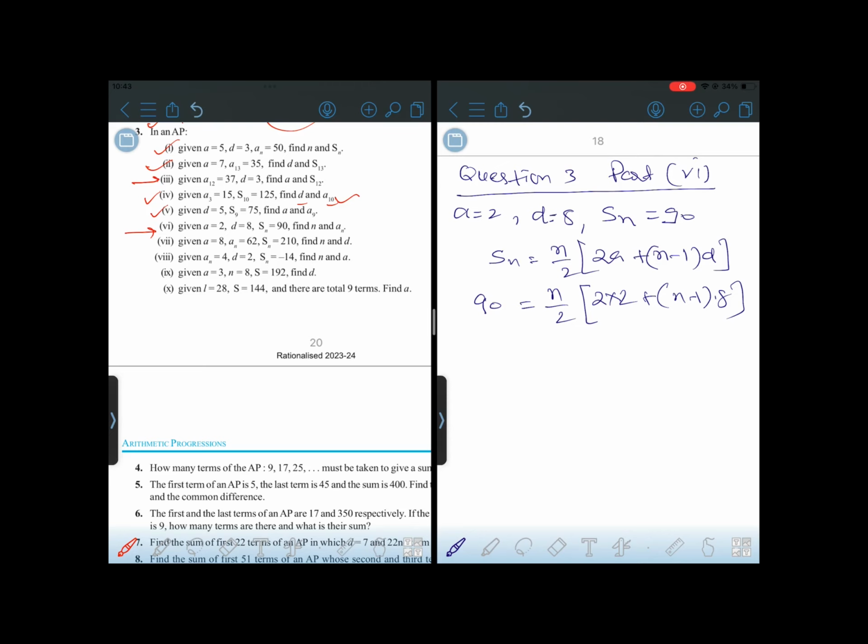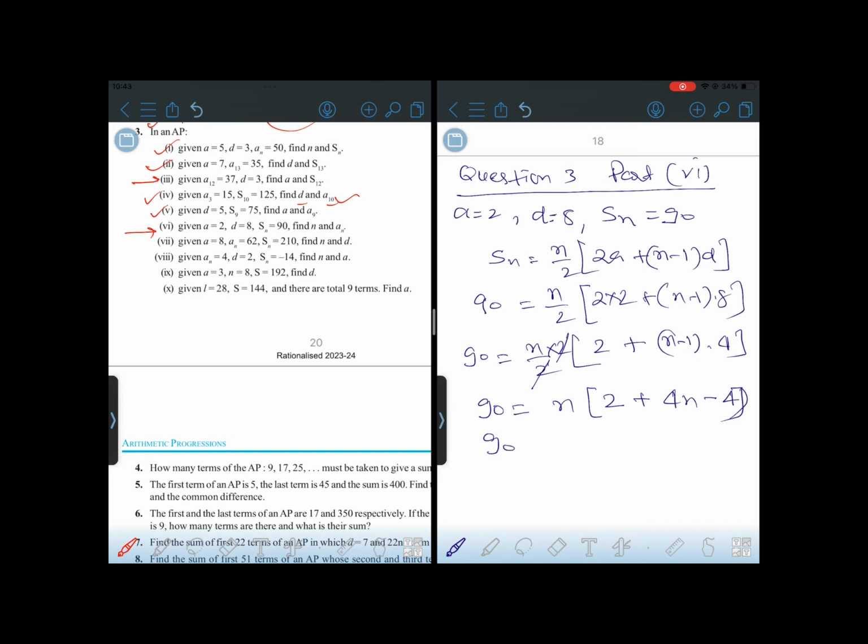So that gives us 90 is equal to n by 2. So we can take 2 common from here. So that is 2 plus n minus 1 into 4. 2 and 2 we can cancel. So that gives us 90 is equal to n in bracket 2 plus 4n minus 4, right?